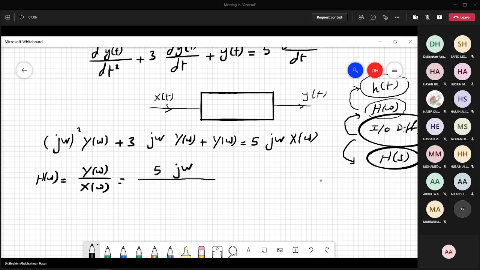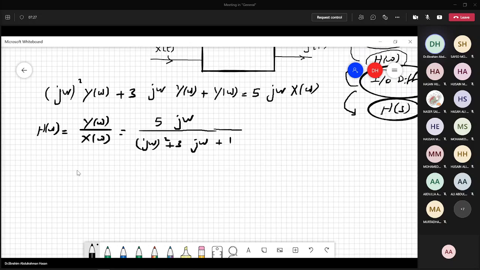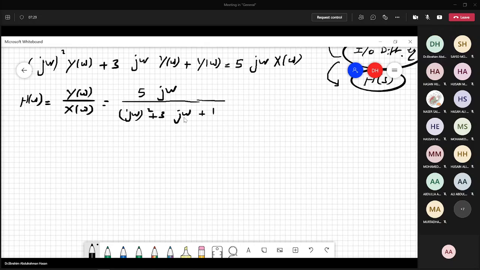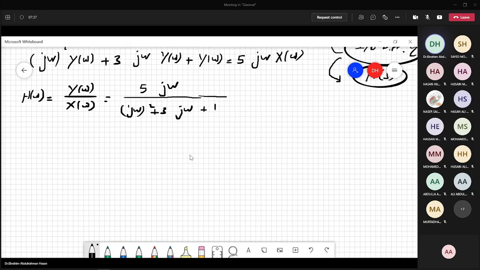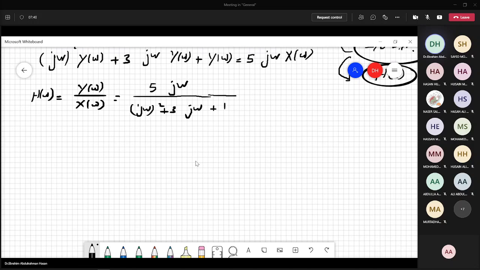And if you take Y of omega common on the left, you are left with j omega squared plus 3 j omega plus 1. And this is h of omega. You can use partial fractions here to find h of t if you want. But let us say that we plot the spectrum of this one.